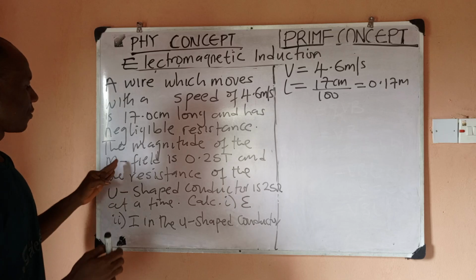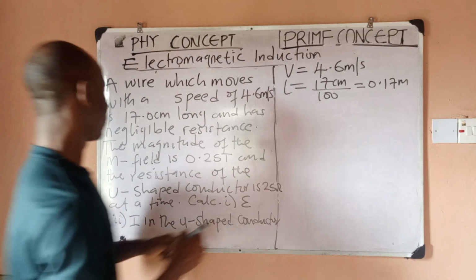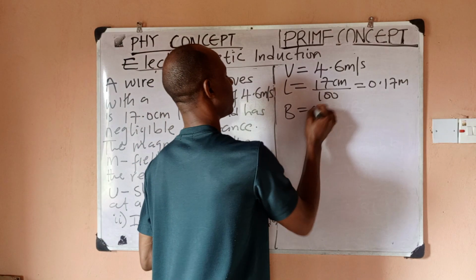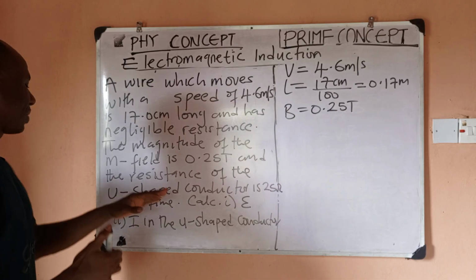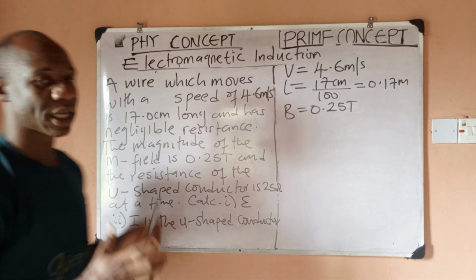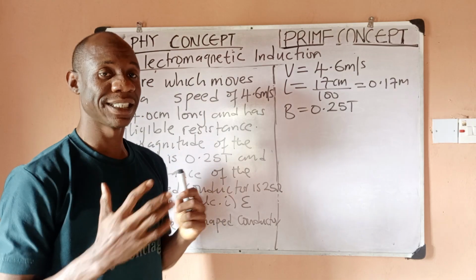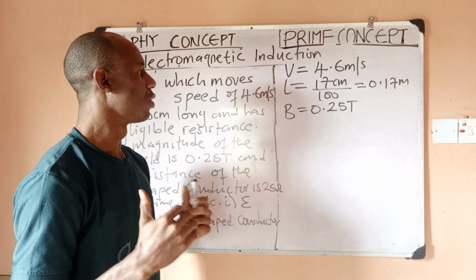The magnitude of the magnetic field is 0.25. So B is 0.25 Tesla. And the resistance of the U-shaped conductor is 25 ohms. Now, what actually happens in this case, this is a special case which still draws from what we just explained. There's not much difference.